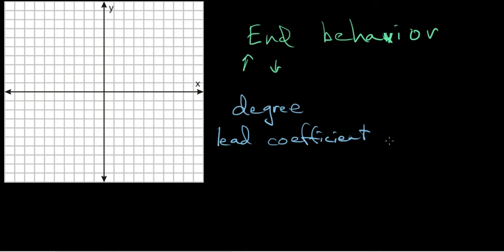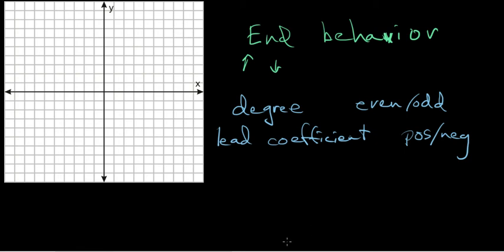And so the lead coefficient is going to be either positive or negative, and the degree is either going to be even or odd. And so there's actually a very neat system, and you're going to have to find that system by doing the project that's in the textbook.